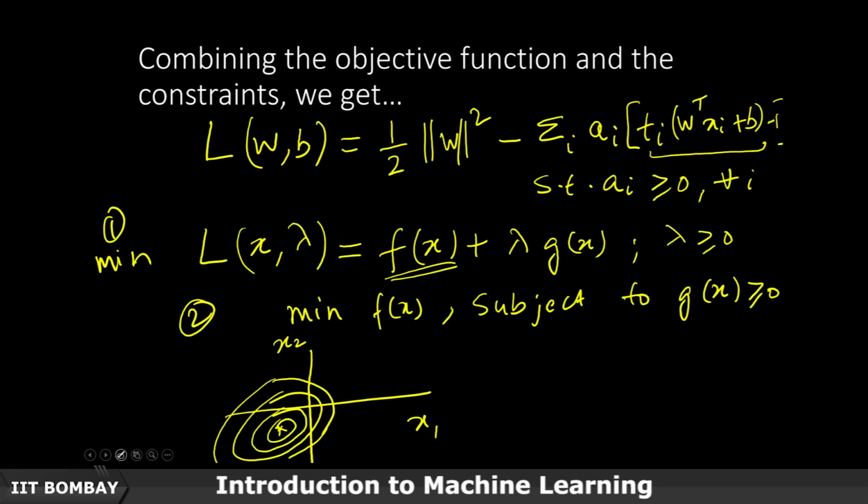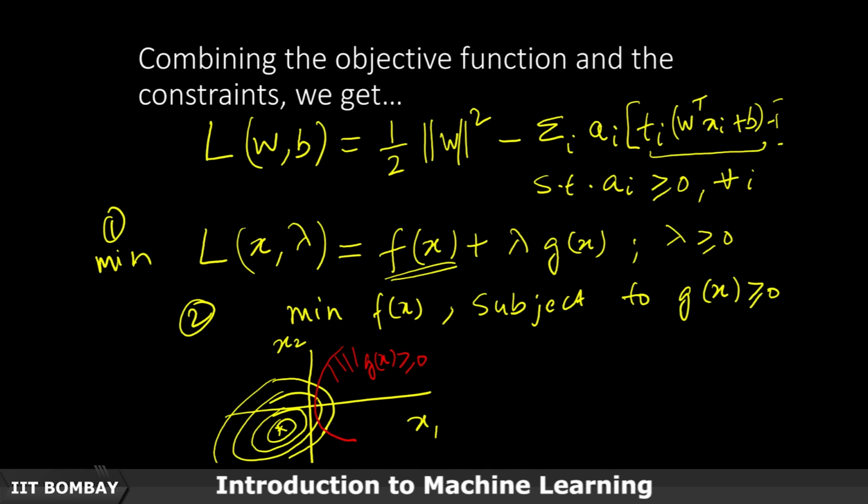So now let's change the color and draw the boundary of g of x equal to 0. This side of the boundary is g of x greater than or equal to 0, the other side is g of x less than or equal to 0. Now we want the solution to lie on the right side of this red curve while it finds the minimum of the yellow curves.